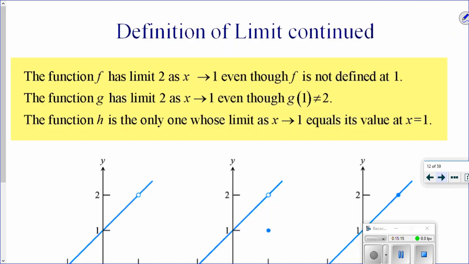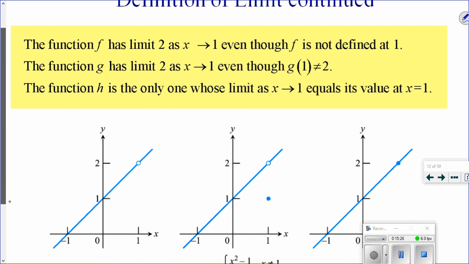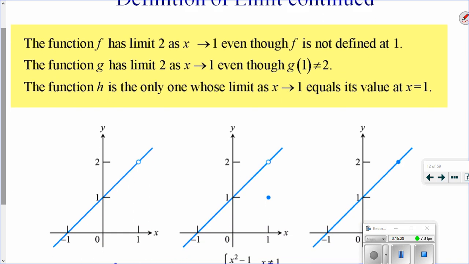So let's look at this definition again. This says the function f has a limit of 2 as x approaches 1, even though f is not defined at 1. So here, you can have a limit even though there's that open hole there.